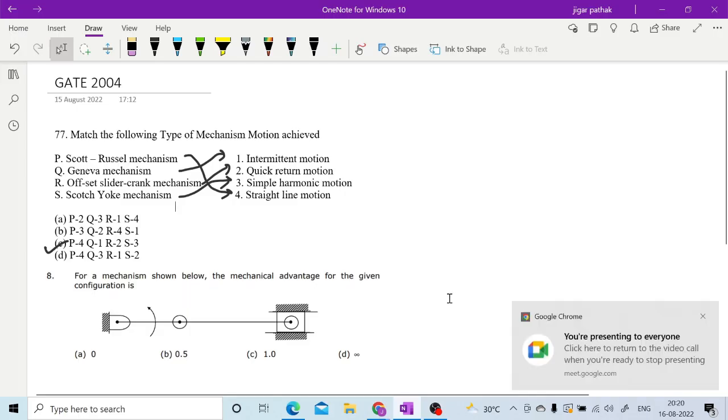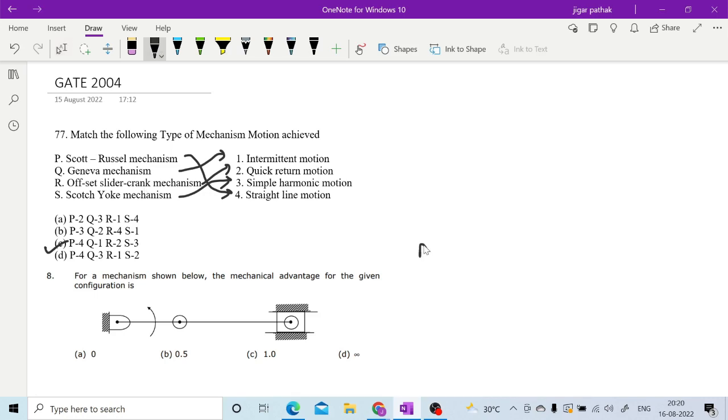Here, what they have asked is mechanical advantage. As we discussed, mechanical advantage is equal to T output upon T input, which is equal to omega input upon omega output. What is omega input over here?